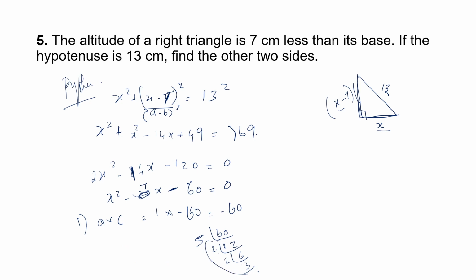So the factors will be minus 12 and 5, because minus 12 plus 5 will give you minus 7, and minus 12 into 5 will give you minus 60.